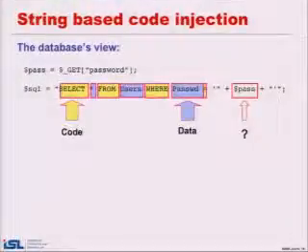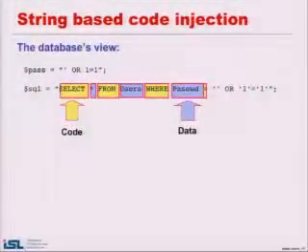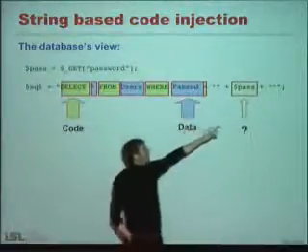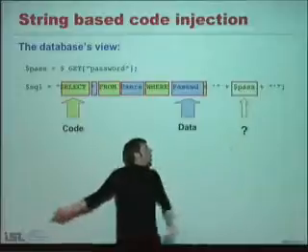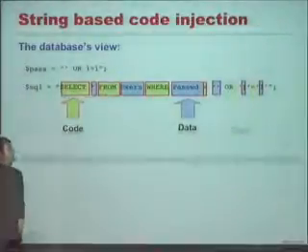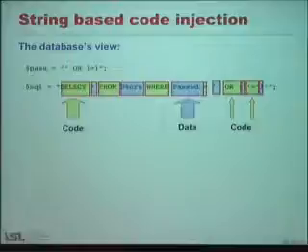At compile time, the string-based variable is unknown, whatever it contains. In the case of the code injection attack, this is assumed by the programmer to be the data portion. But depending on which input comes in, there might be data in there, but also fragments that are interpreted by the database to actually be code.